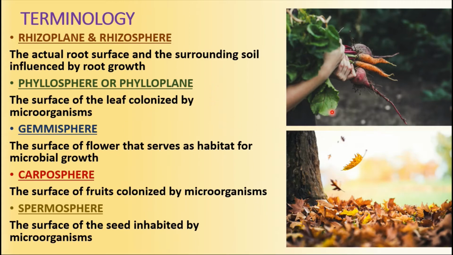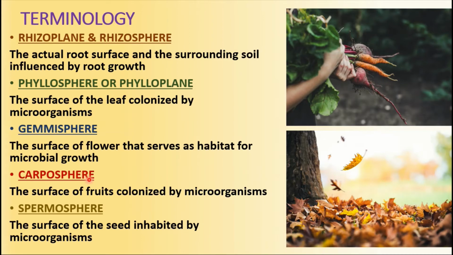Then phyllosphere or phylloplane. The surface of the leaf colonized by microorganisms is considered the phyllosphere or phylloplane. Then what is the zemisphere? The surface of a flower that serves as a habitat for microbial growth. If microorganisms are present on the surface of a flower, we call it the zemisphere.